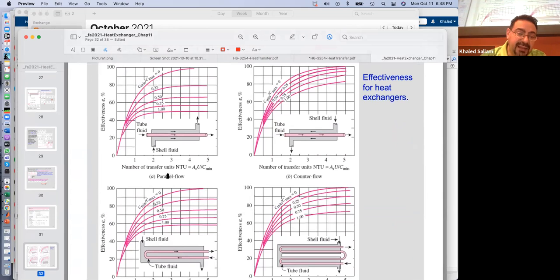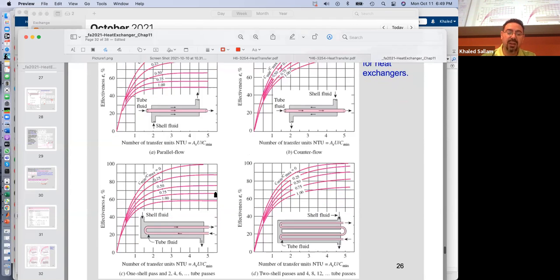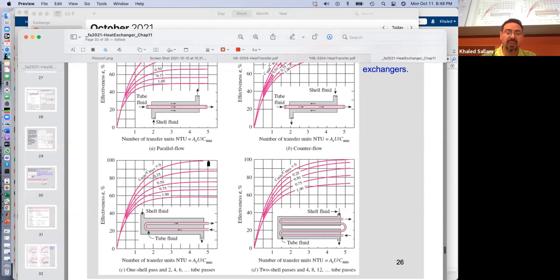The x-axis is NTU, the y-axis is always effectiveness. And you can see you can hit infinity. So when NTU becomes infinity, which turned out to be like 5, that's our infinity, you get effectiveness equal to 1. Effectiveness is 1 when the number of transfer units becomes 5.